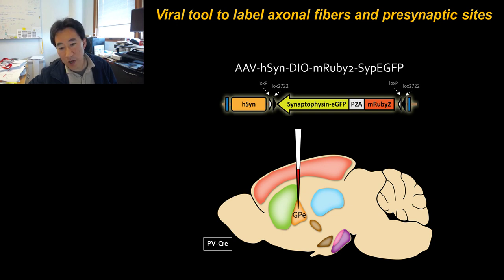So using the parvalbumin Cre animal, which can define the globus pallidus neurons expressing parvalbumin as a cellular marker, we developed a virus tool expressing red fluorescent protein to mark the cell body and the axon fiber, and a synaptophysin-tagged GFP, which can mark the presynaptic terminal specifically. We inject this virus, which expresses these proteins in a Cre-dependent manner, into the globus pallidus of the parvalbumin Cre animal.